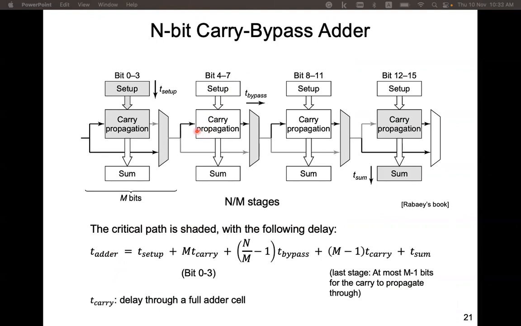If a carry in has the worst case of propagating through a stage, then this can be detected early. And we can use a multiplexer to bypass it around the nominal adder cells, so we can bypass it directly to the next stage.